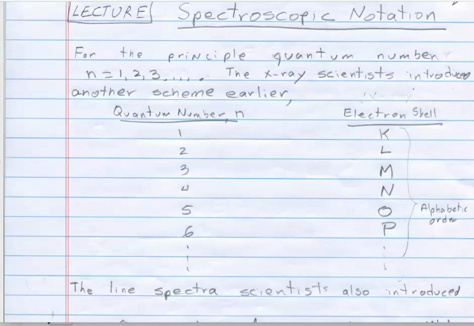The early day X-ray scientists, chemists, and physicists had introduced an earlier scheme and talked about electron shells as part of really the Bohr model of the atom. For the quantum number n equal to 1, they referred to it as the K shell. The quantum number n equal to 2 is the L shell.